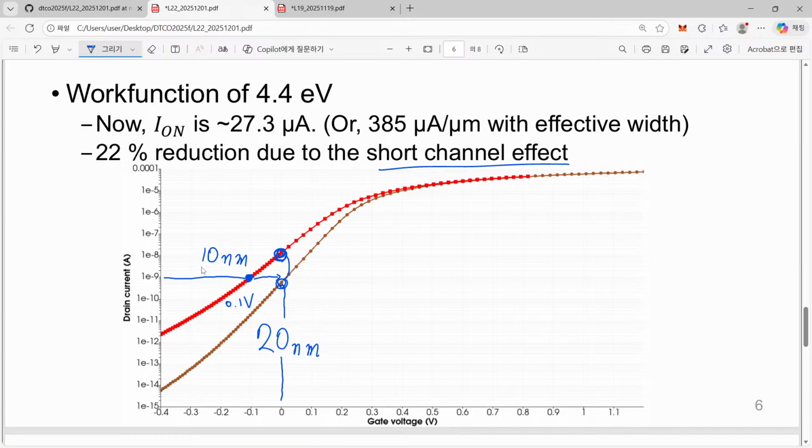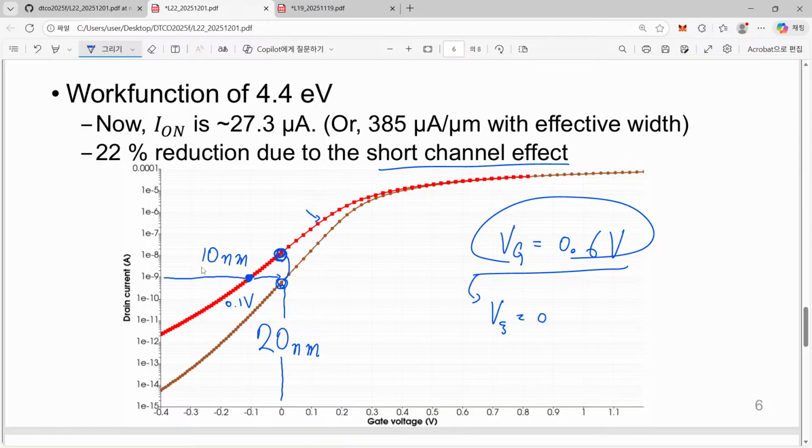So instead of gate equal to 0.7, we must read the drain current values at 0.6 volt. Once we read the 0.6 value at this curve, then this curve is shifted by an amount of 0.1 volt. Then now the off current is matched to 1 nanoampere, and this value in this shifted curve becomes 0.7 volt.